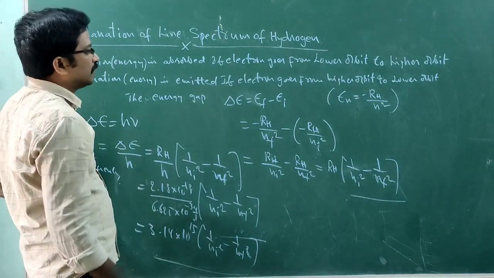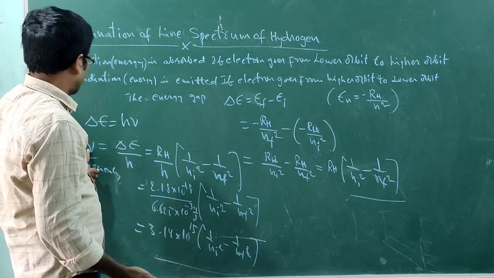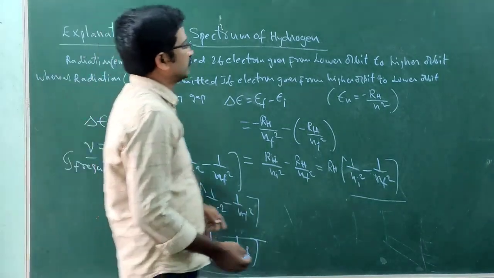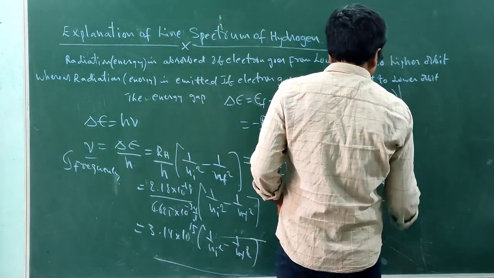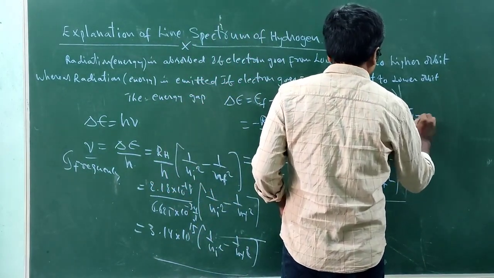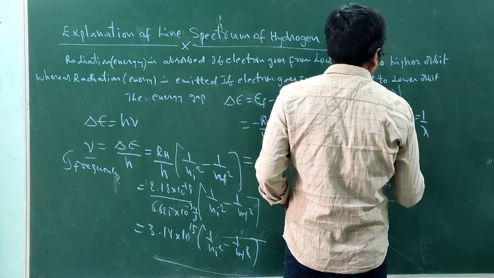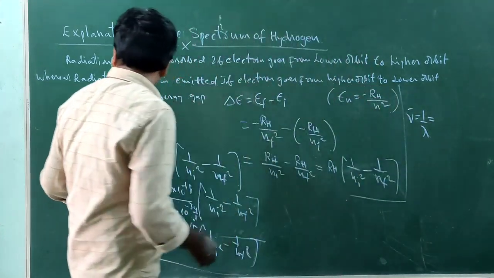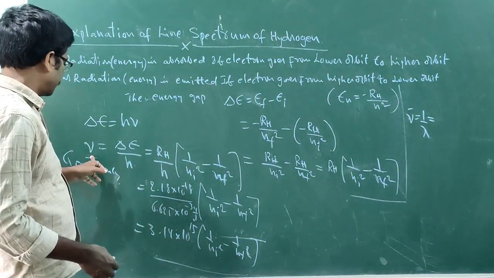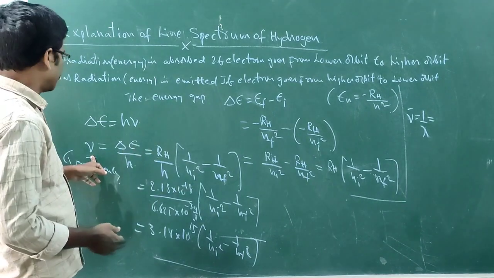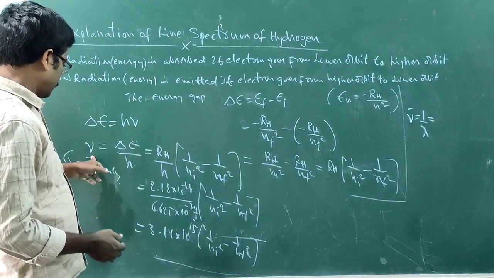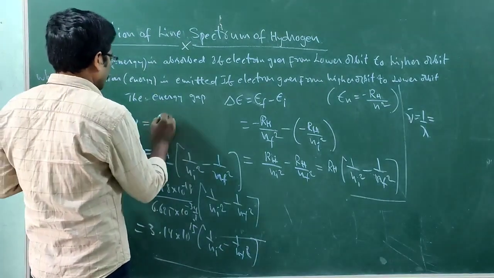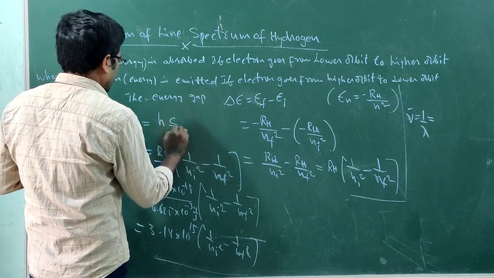Then you may write this in another way, nu bar. Okay, nu bar, we know nu bar is equal to 1 by lambda, means the 1 by lambda value. Okay, the relation between this one and nu bar is, we may write here, c by lambda.